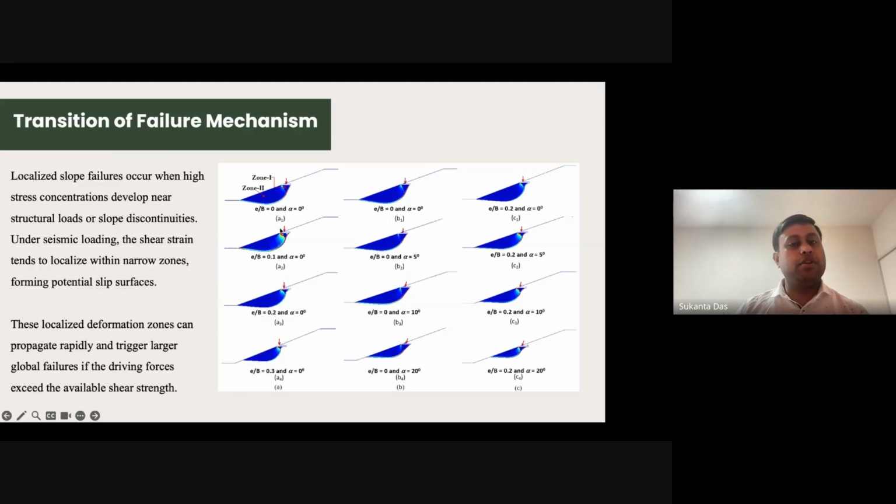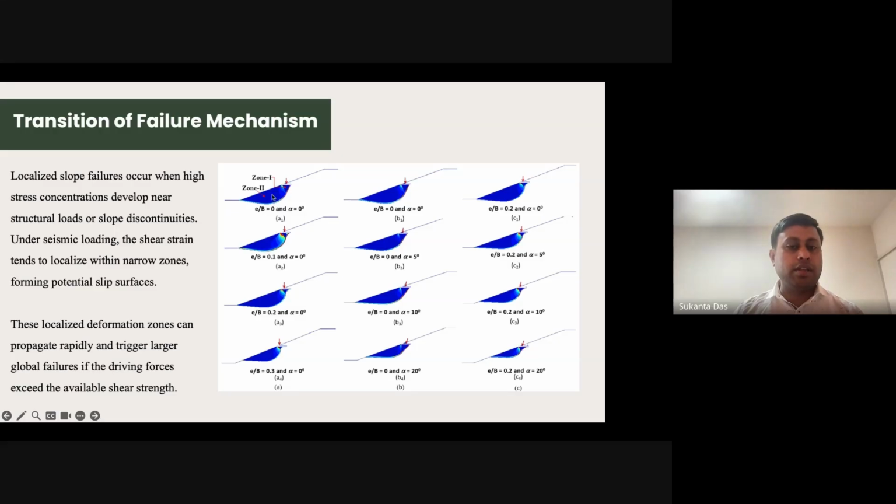As I have already mentioned, in hilly sites, when we visited many cities, we have seen the structure is very irregular. As a result, there is a high probability that the load comes as an eccentric load or inclined load. So we try to see the effect of eccentric and inclined loads.